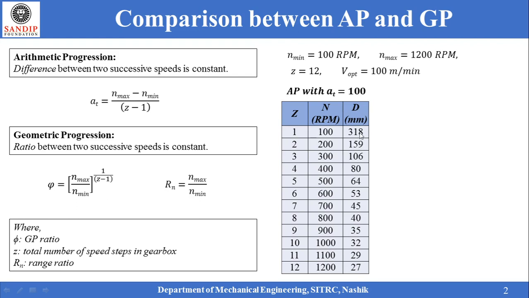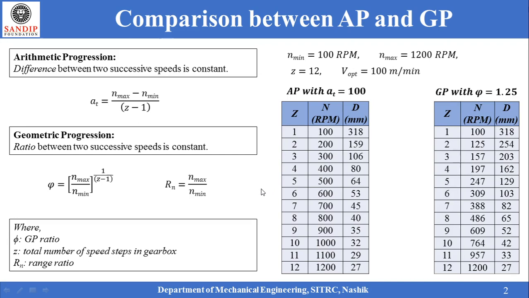Now if you observe these economical diameters, particularly the upper half of this table, you will realize that the diameters are spaced far away from each other, which means if we want to manufacture a diameter lying in between two economical diameters, the loss of economic cutting speed will be more.